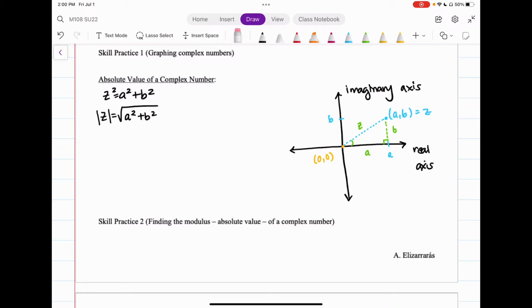We call the absolute value of Z the modulus, and it's the magnitude of Z, which is the length of a vector, and we're going to get into vectors in a couple of sections.